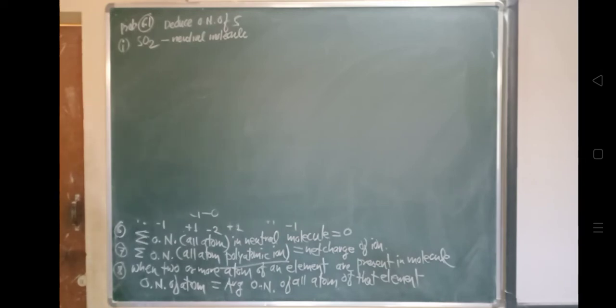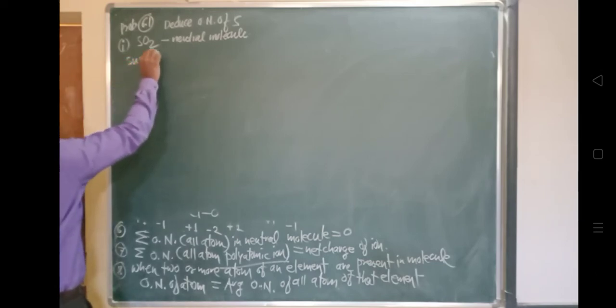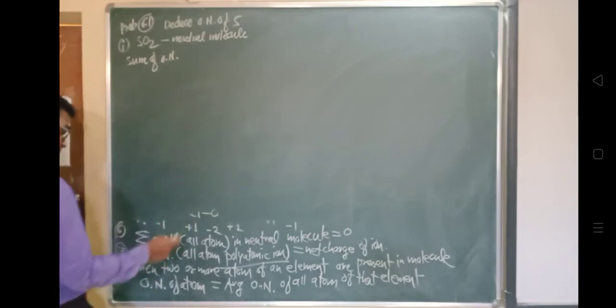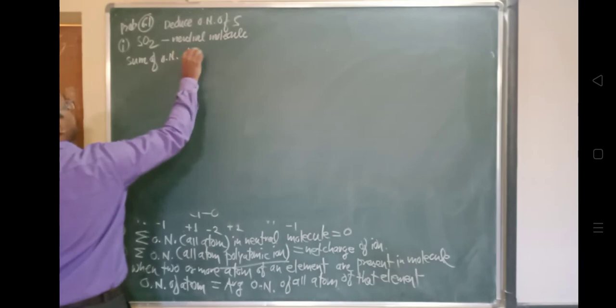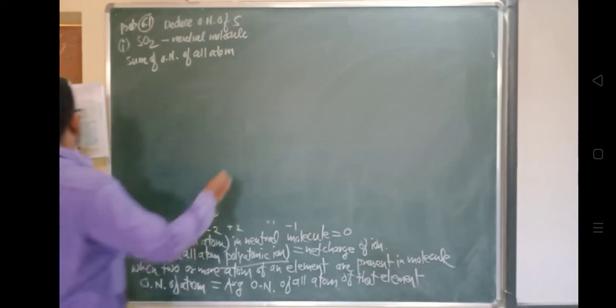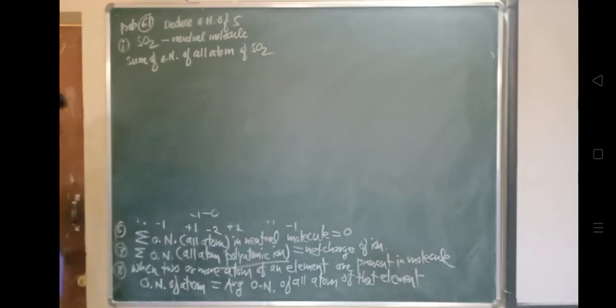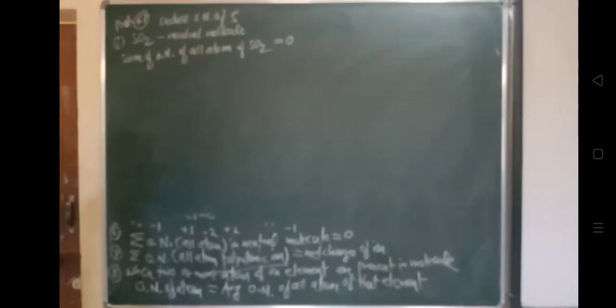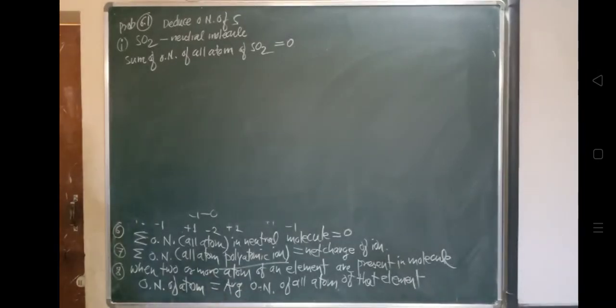Now we know that the sum of the oxidation numbers of all the atoms, rule number 7, is equal to the net charge. So the sum of oxidation numbers of all atoms of SO2 is 0, because it is a neutral molecule.